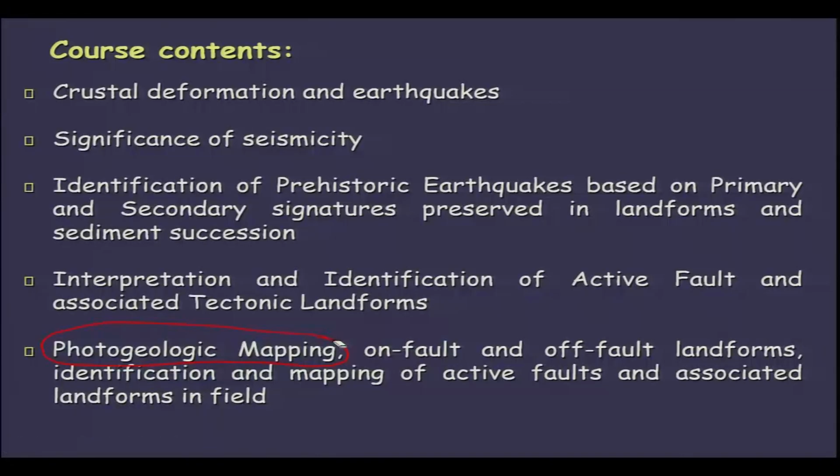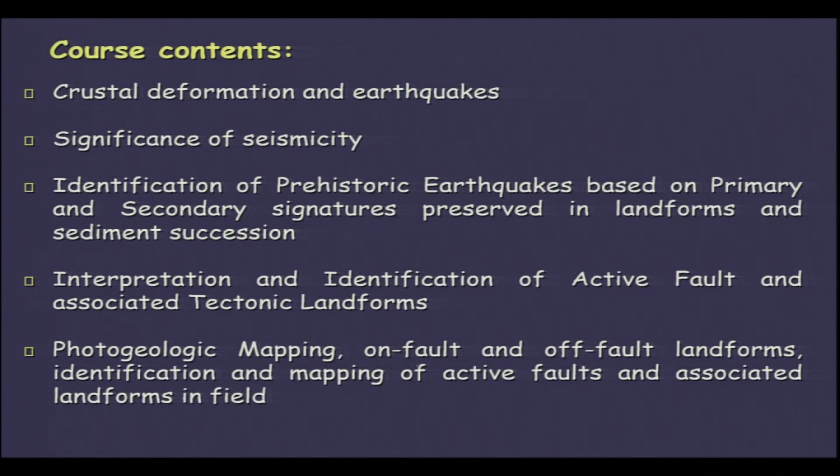So, we will look at the remote sensing part here, and then the evidence or the signatures which are preserved on fault. Okay. This is on fault, we are talking about close to the fault or near to the fault or exactly on the fault. Okay. And off faults, there are away from the fault.